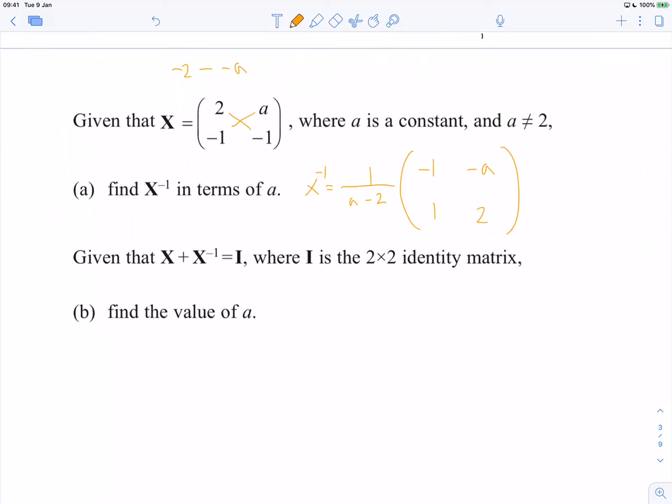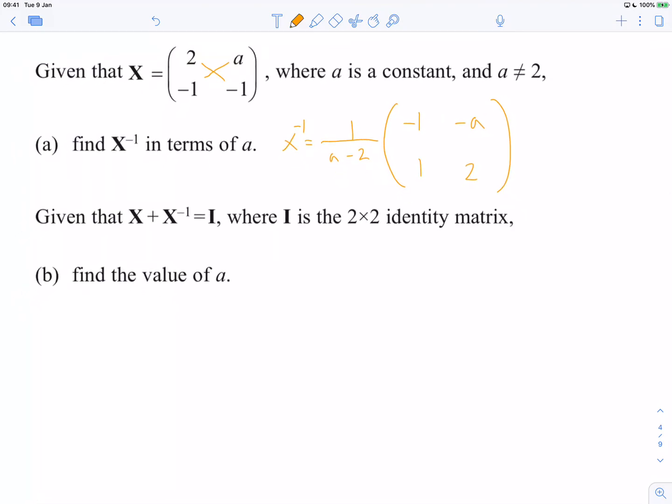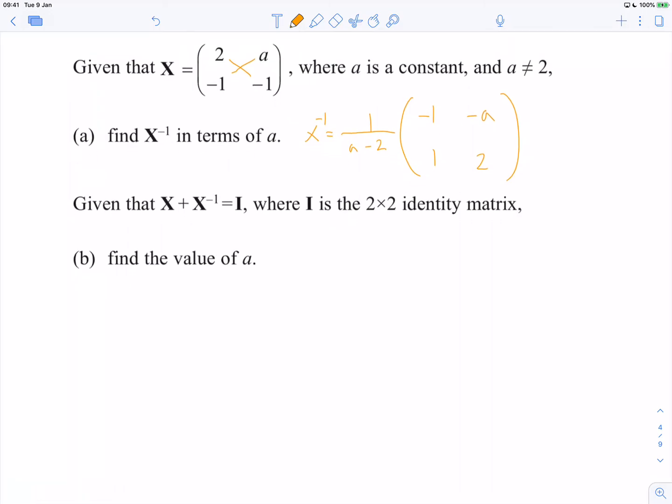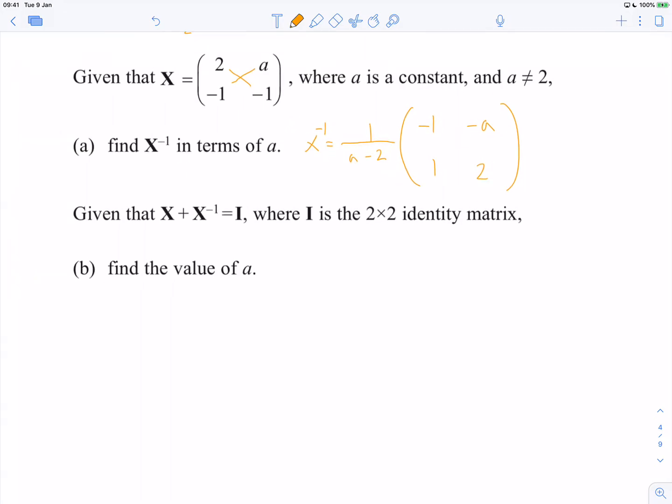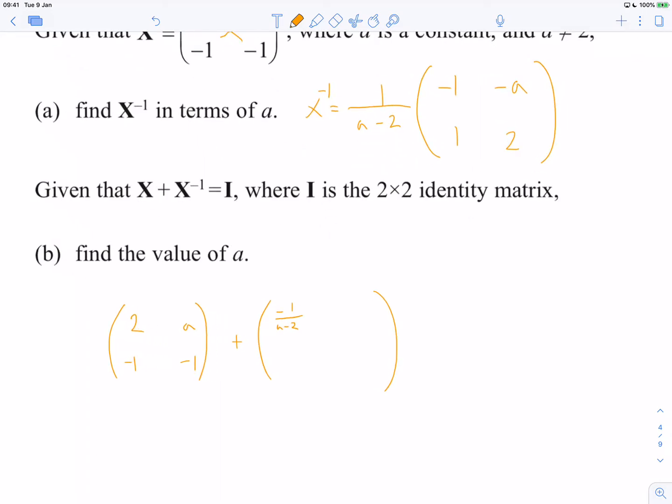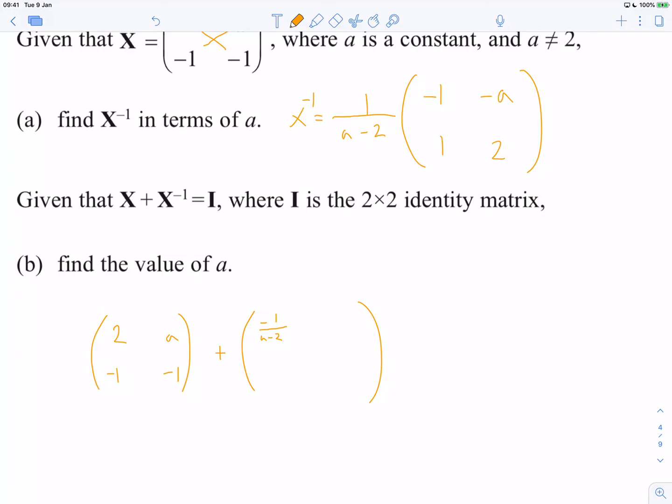So it's relatively straightforward. Okay, given that when you add the two matrices, it equals the identity, find the value of a. Right, so let's suppose I've got 2a, minus 1, minus 1, and I'm adding minus 1 over a minus 2, if I take that scalar inside, and minus a over a minus 2, 1 over a minus 2, and 2 over a minus 2.